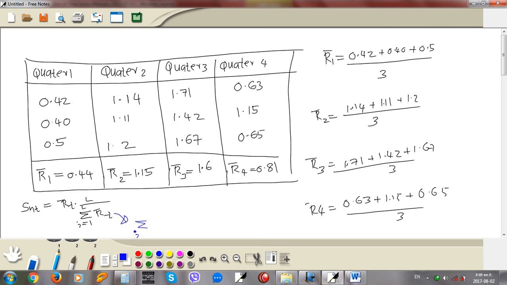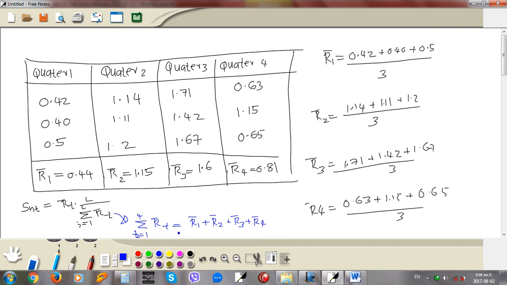Our L equals 4, so the sum of R bar T means we have to add R bar 1 plus R bar 2 plus R bar 3 plus R bar 4.